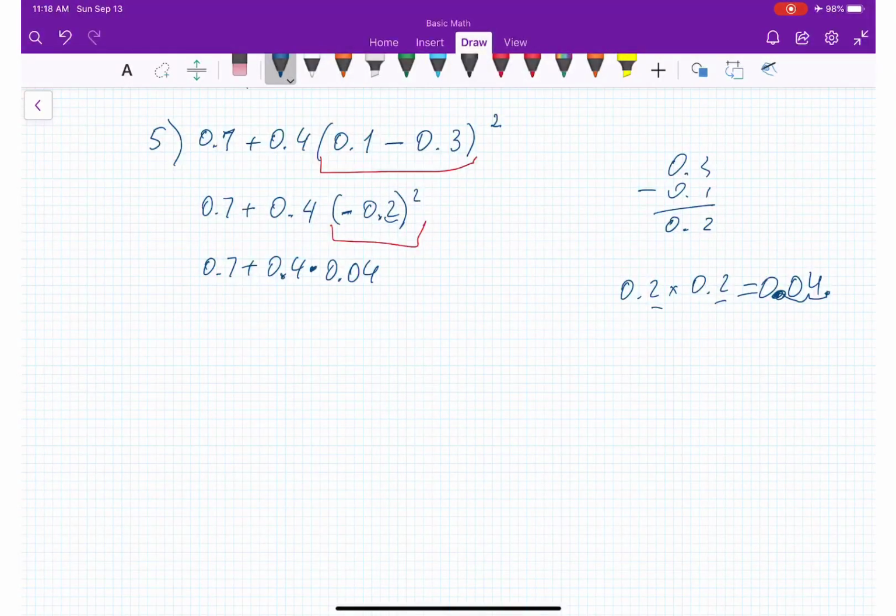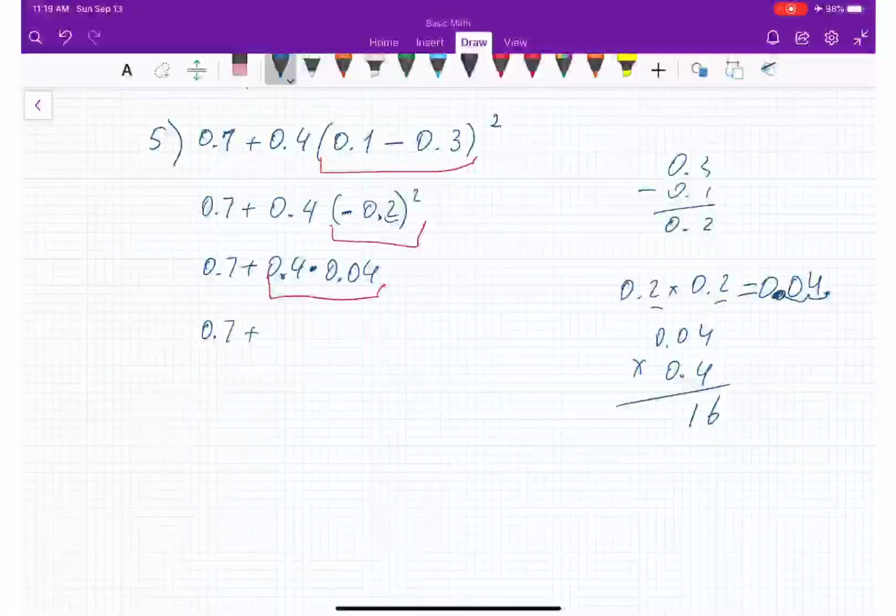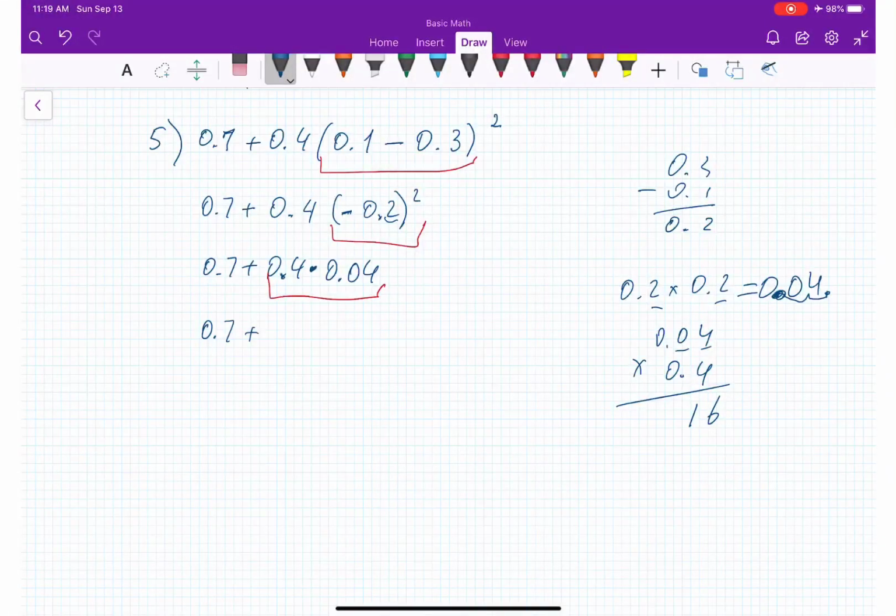So 0.7 plus 0.4 times 0.04. We are doing here 0.04 times 0.4. 4 times 4 is 16. Now how many decimal places do we have? 1, 2, 3.